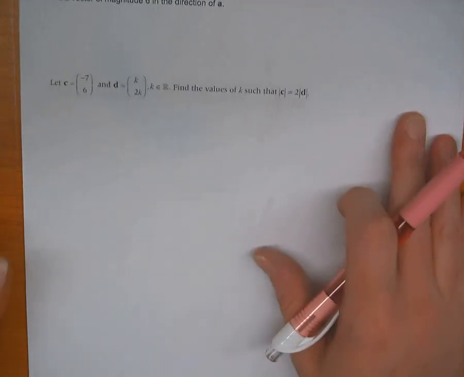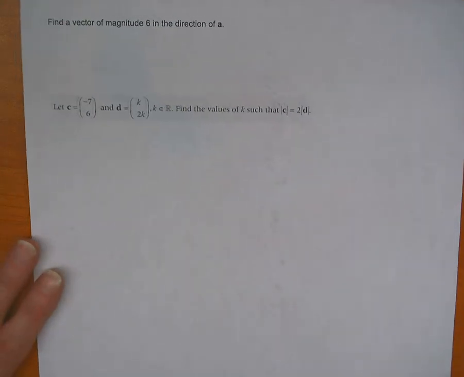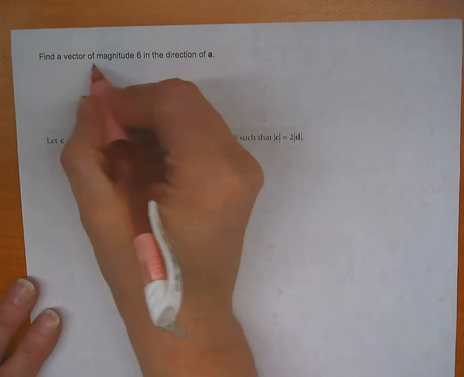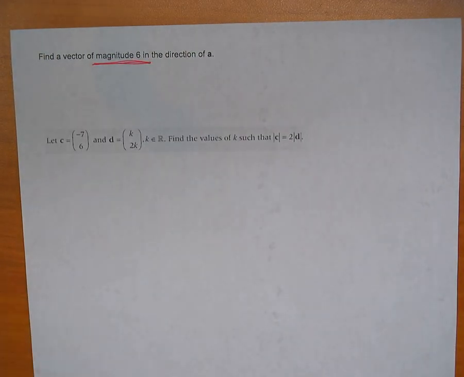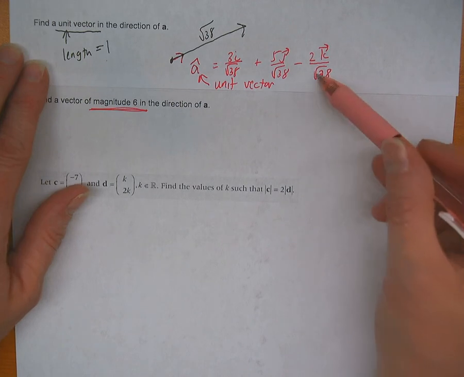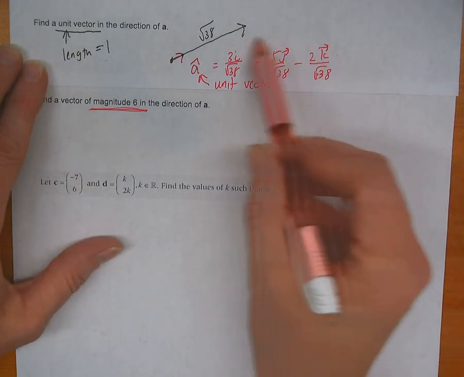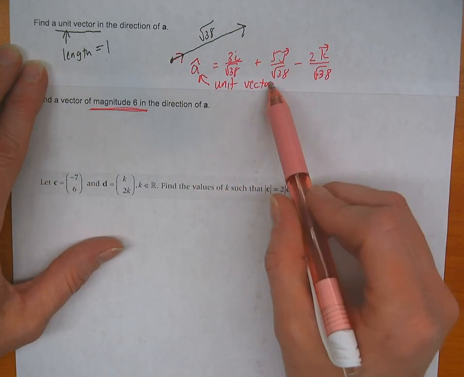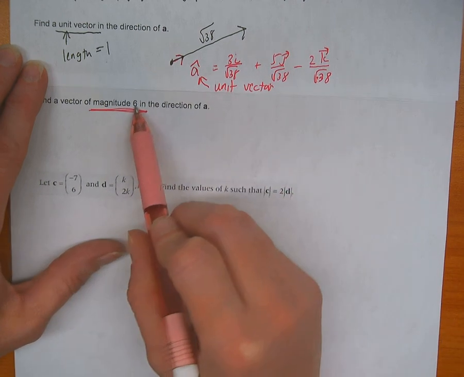Now, we want to still use vector A, but we want it to have a magnitude of 6. Well, we can change the magnitude of the vector we have to anything we want. What we do is we first scale it down so it has a magnitude of 1. That's this. So what would I have to times this by so that it will have a magnitude of 6? Yeah, 6.